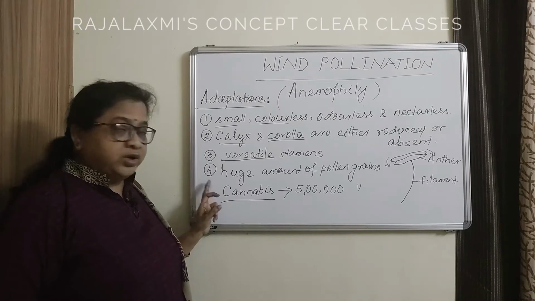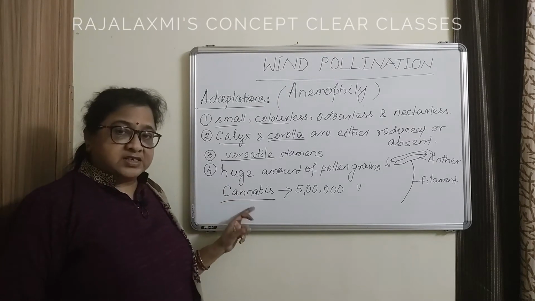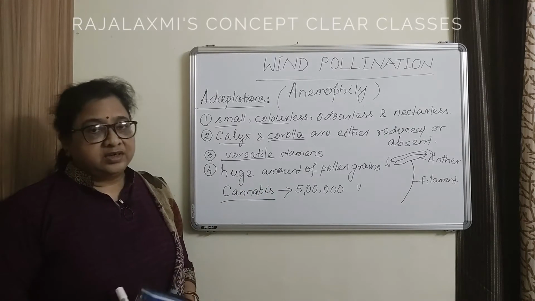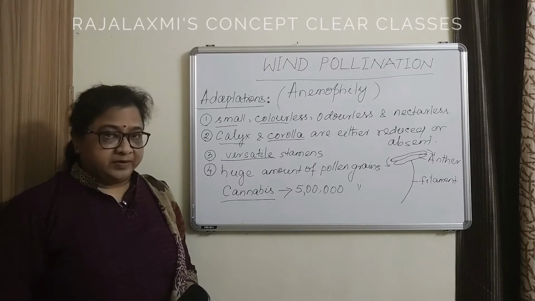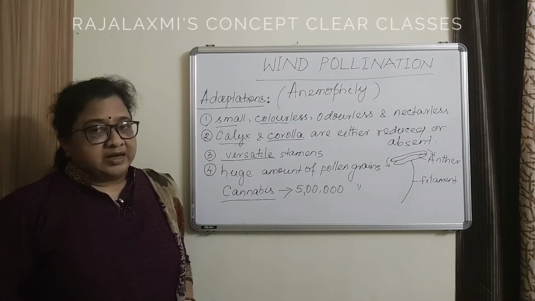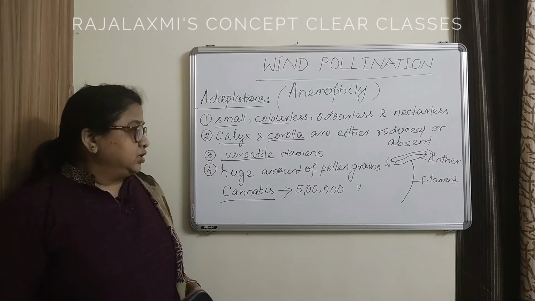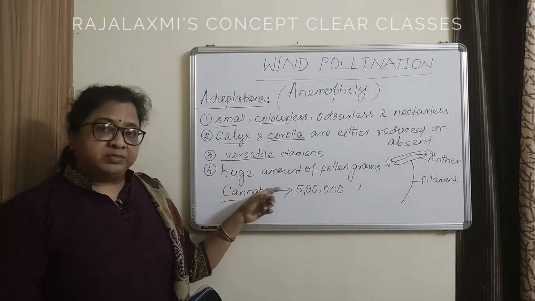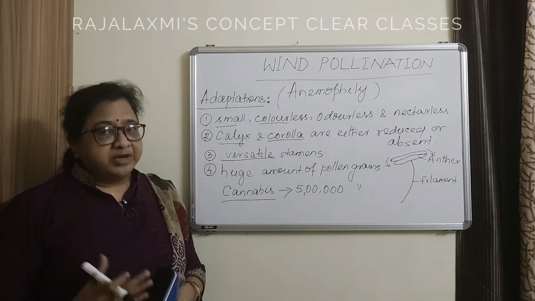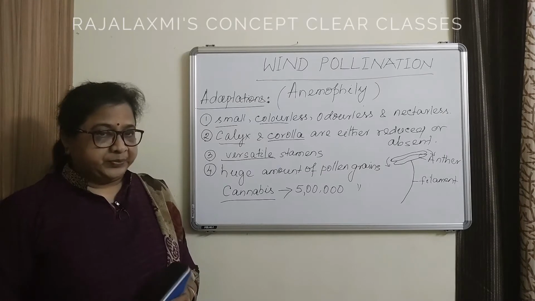As it is wind pollinated, it is a chance factor for the pollen grains to reach the right type of stigma. That means most of the pollen grains are wasted in wind pollination. So, these plants produce a huge amount of pollen grains, so that some of them may reach the right type of stigma.